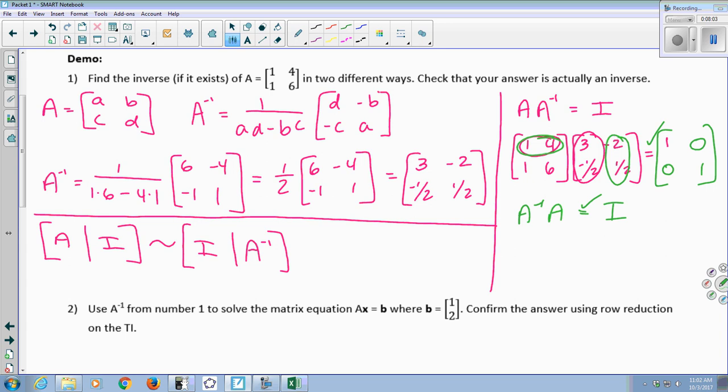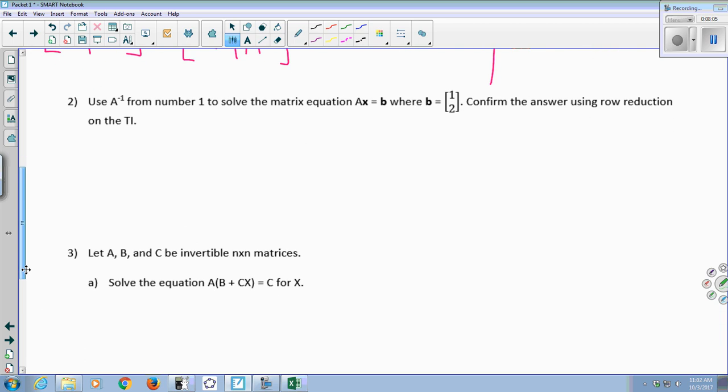All right, so the benefit of having the inverse is that you can use it to solve an equation. Just like if I was trying to solve 5x equals 10, to undo that, usually we think divide by 5, but really we're using the multiplicative inverse, multiplying both sides by 1/5 to get the x by itself.